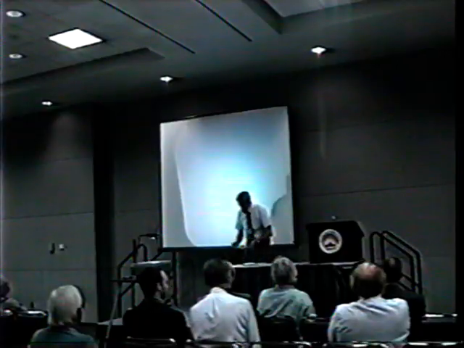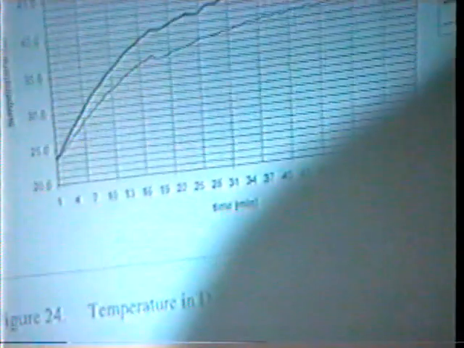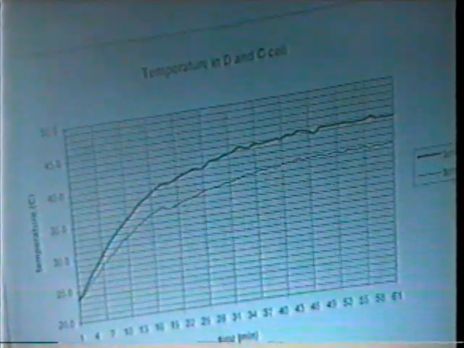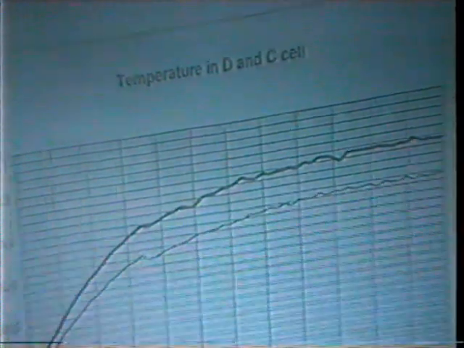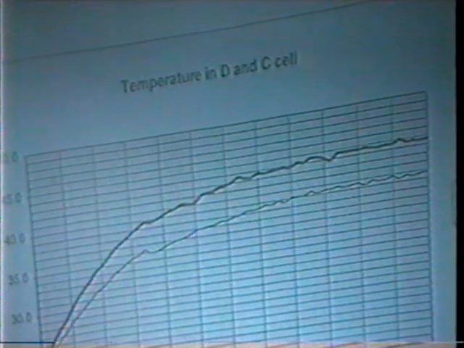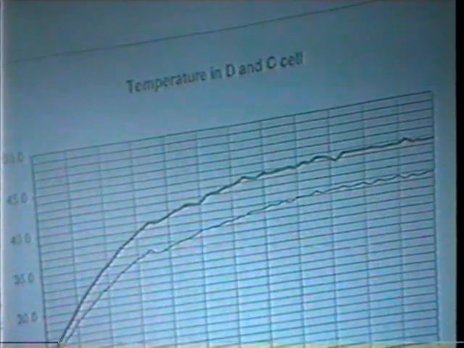So this is what we reported a few years ago, the master's degree of Radovan Kopacek. D stands for deuterium, heavy water cell, and C for a control cell using light water.